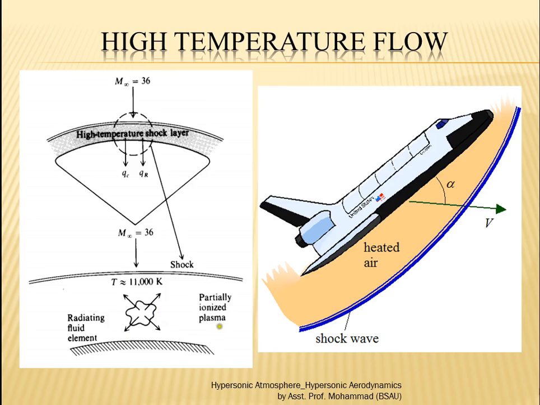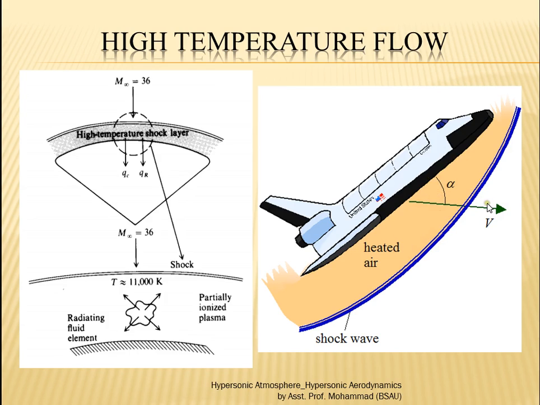This picture gives some idea about the flight of Apollo's re-entry at Mach 36. This is Mach 36. This is Apollo's re-entry. Also, if the vehicle flies with a very high speed, I hope you remember this, the maximum re-entry Mach number for the space shuttle is something like Mach 25.